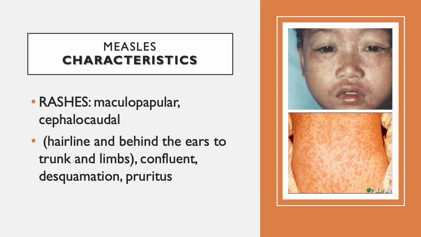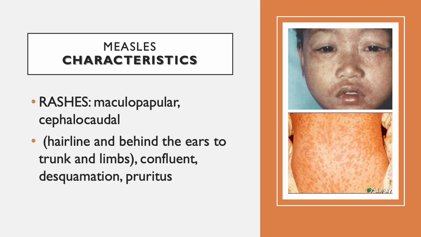The rashes of measles are maculopapular in nature. So when we say maculopapular, you can see that the rashes are a little bit elevated, and of course there is that discoloration. Okay?